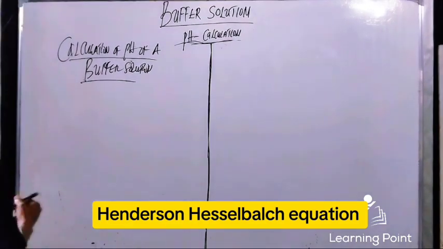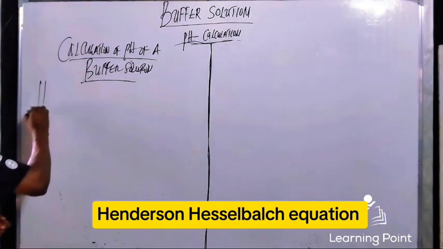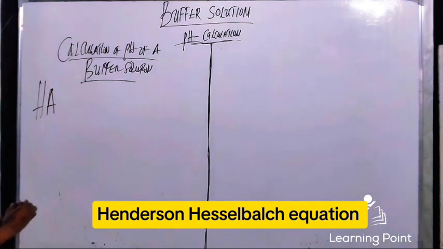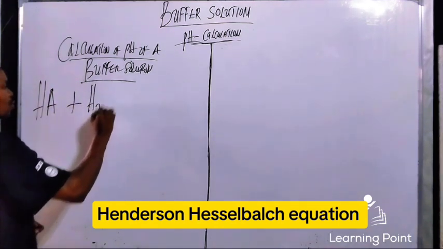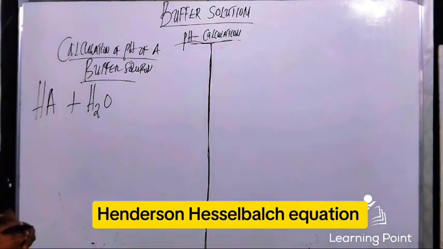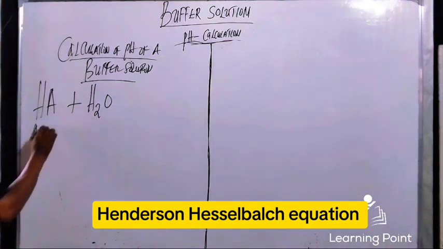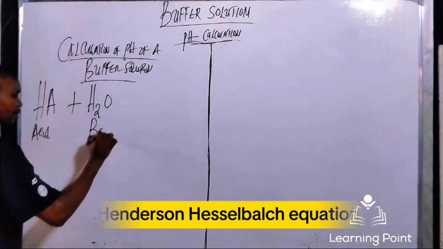So if, for example, we have HA, let's say HA is an acid, plus water, H2O. According to proton theory, this one is the acid, and this one is the base.